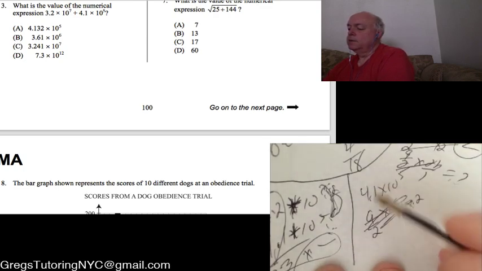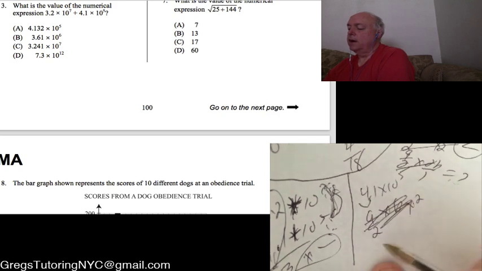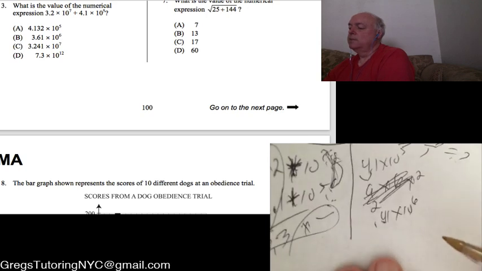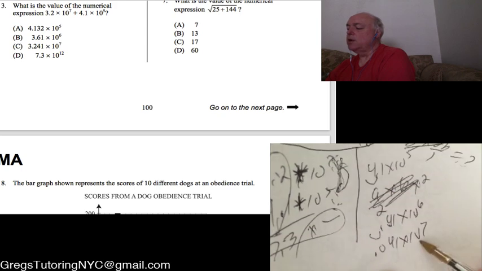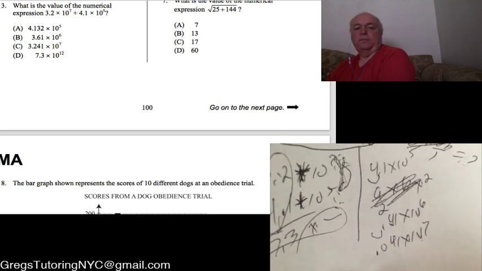All right? So if I divide this by 10, I'm going to have 0.41 times 10. So if I divide this by 10, I have to multiply this by 10. So I'm adding another 0, and this becomes 10 to the 6th. So if I do it one more time, I get 0.041 times 10 to the 7th. So my goal was to try to match the 3.2 times 10 to the 7th.